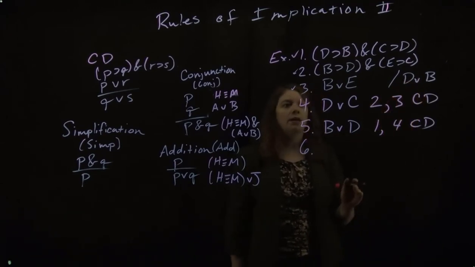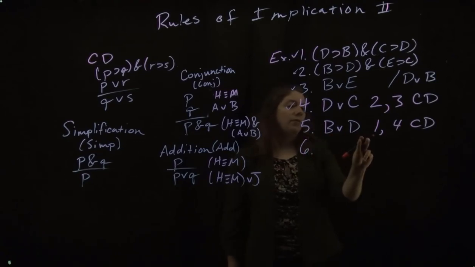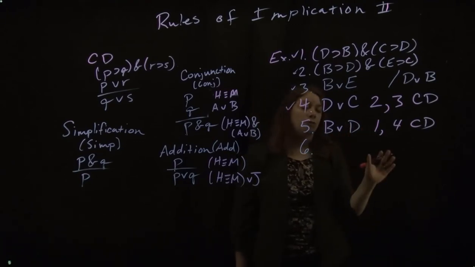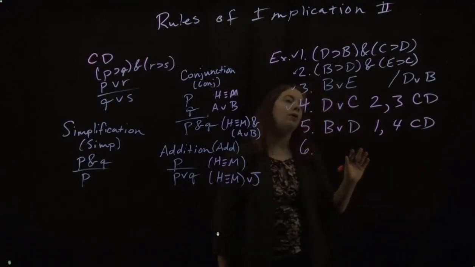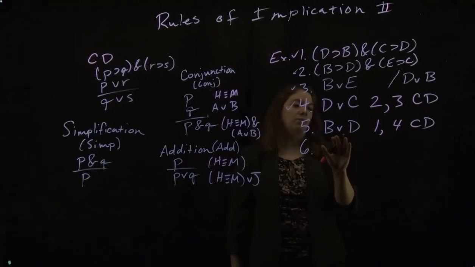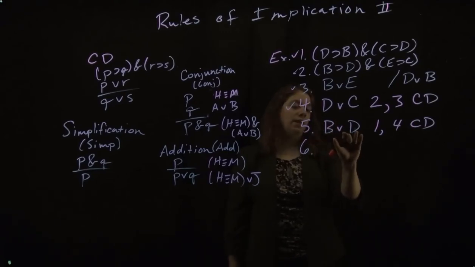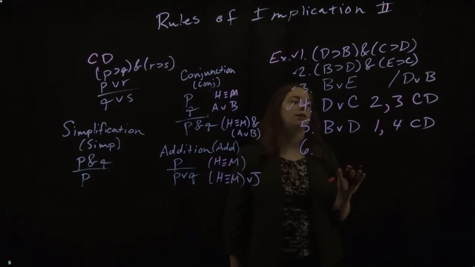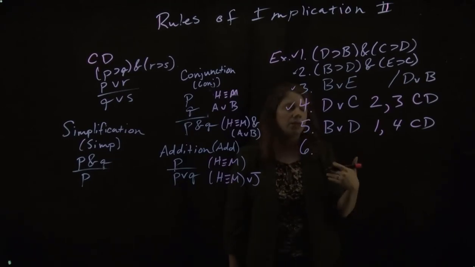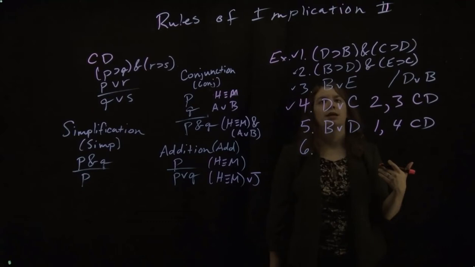So is there a way that, given line 5, we can make a constructive dilemma? Well, actually we can, because what we're trying to do is create a conjunction of two conditionals that have these two letters as their antecedents. This is kind of tricky. You have to think a little backwards here.